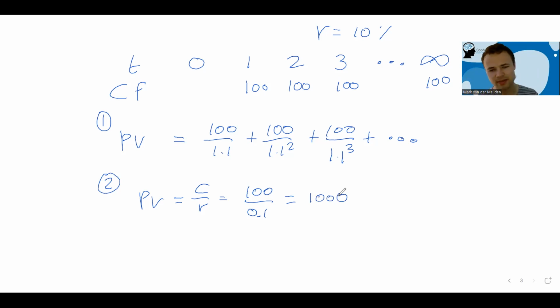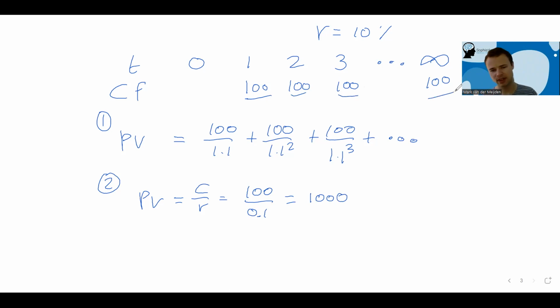So that's what you get here. And what's the intuition here? Well, if you have 1,000 euro, you put it in the bank, then each year you would get 100 euro of interest. And if you don't touch the principal, the 1,000, and only use the interest, you can pay yourself 100 euro each year.